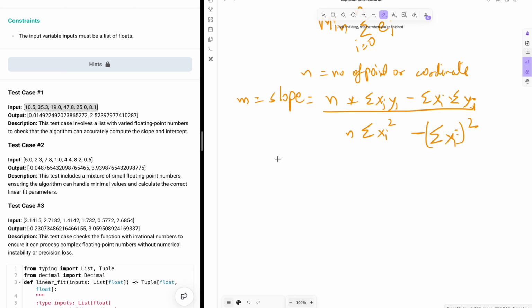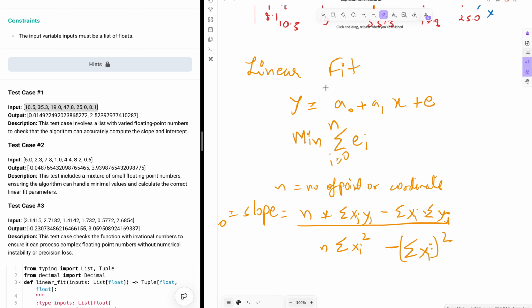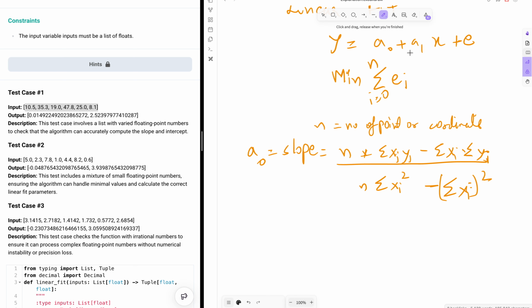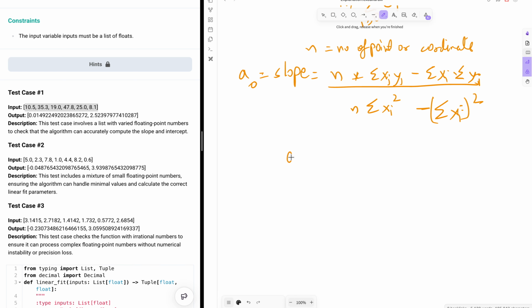So this is our slope formula, which I prefer to call a1 because our line was a0 plus a1x, and a0 is the summation of yi minus a1 into the summation of xi for all the coordinate values, divided by n.